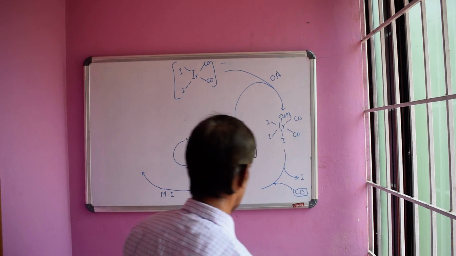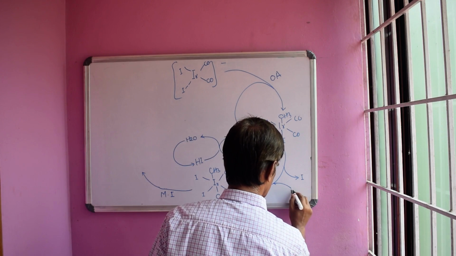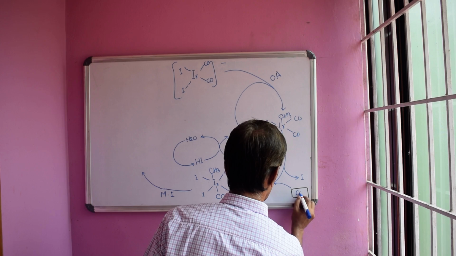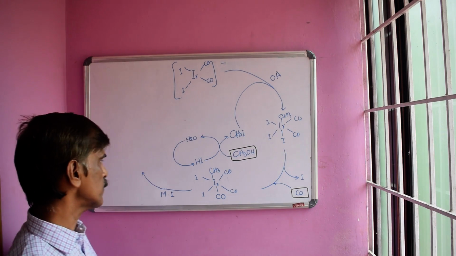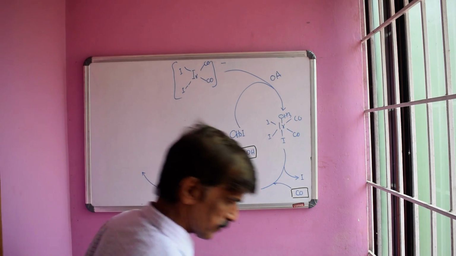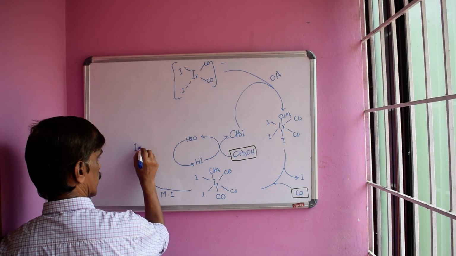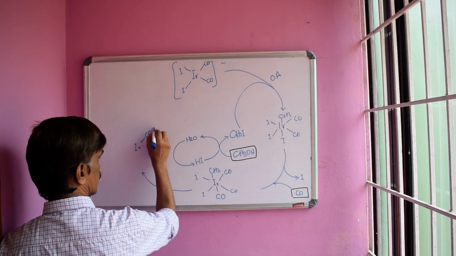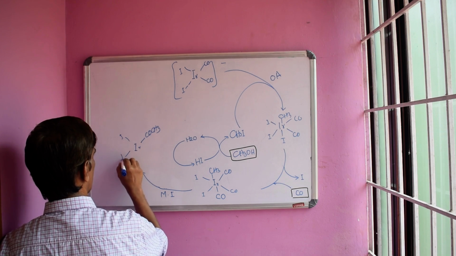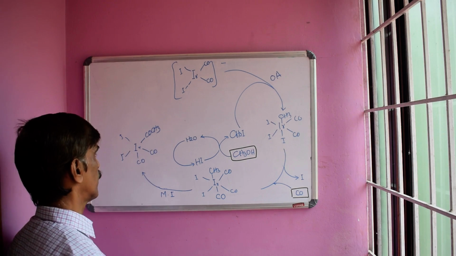The second reactant, carbon monoxide, is added. And we can see the product formed here is the acetyl complex with Ir. Here we have COCH3, iodide, CO. This product is formed.